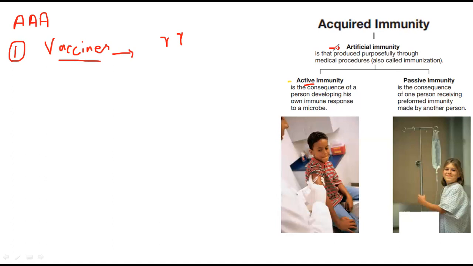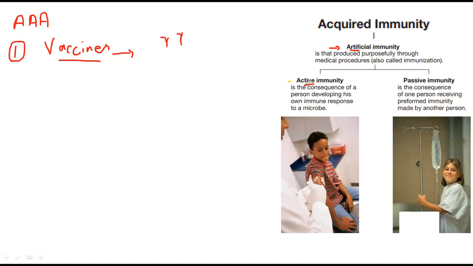It is given to the person, rather than him experiencing it on his own or taking it from the environment, as in acquired natural active immunity. Because it is manufactured by workers in the laboratory and given to a person, it is known as artificial immunity.